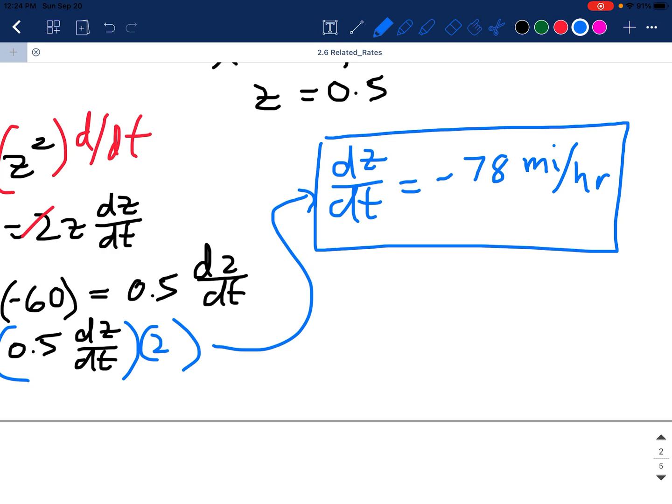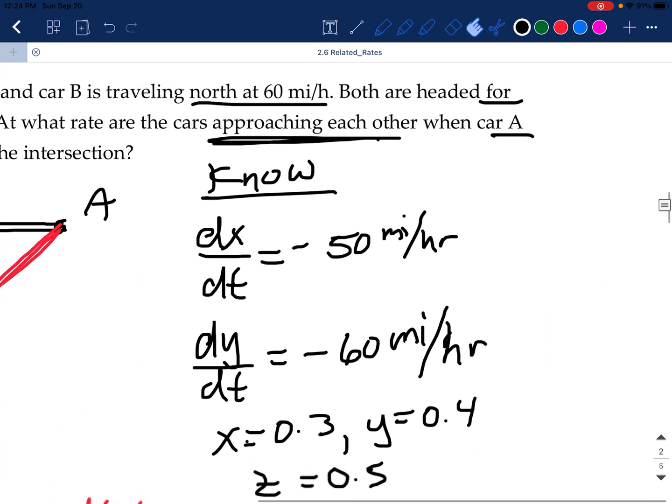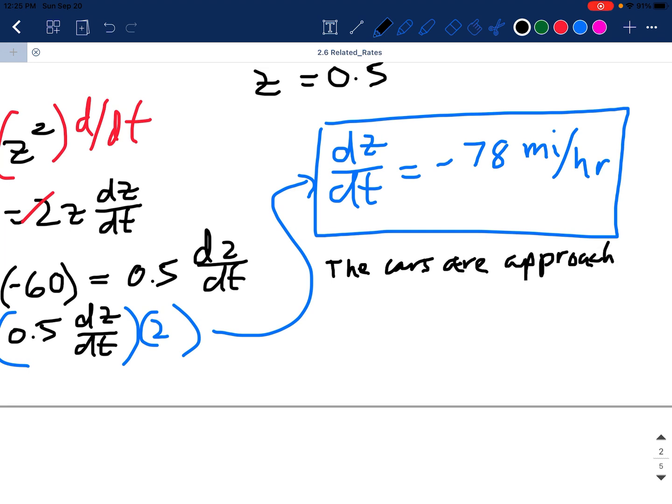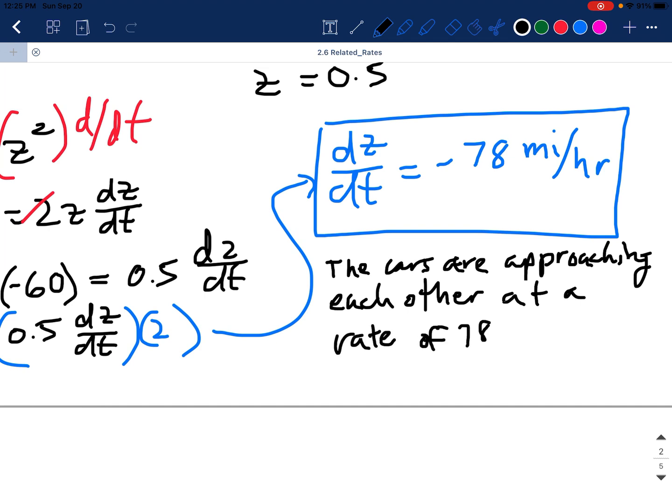Okay. And note, we could say if we wanted to that the cars are approaching each other at a rate of 78 miles per hour.